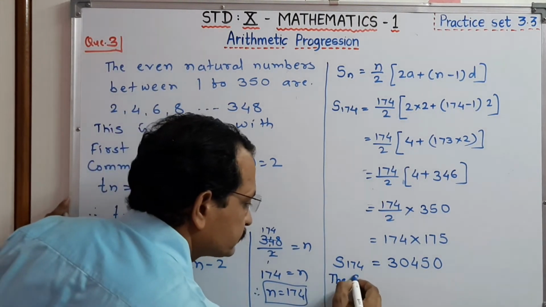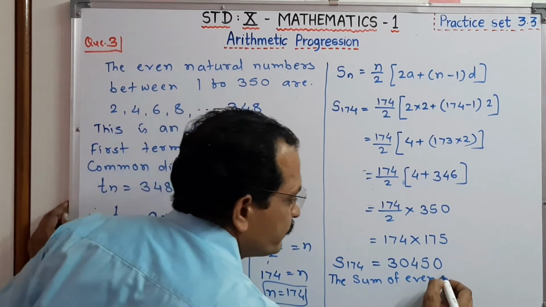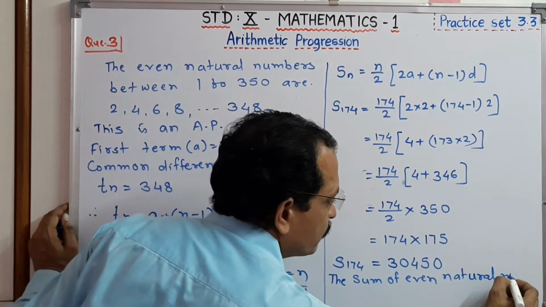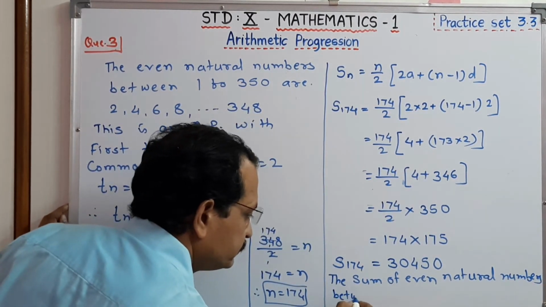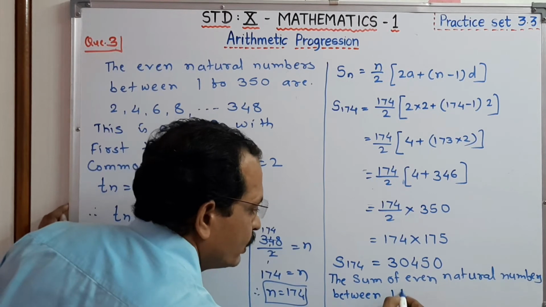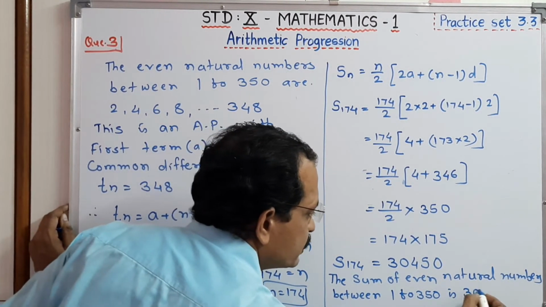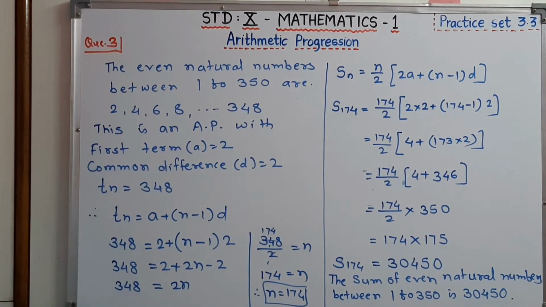We write here the final answer. The sum of even natural numbers between 1 to 350 is 30450. This is our final answer.